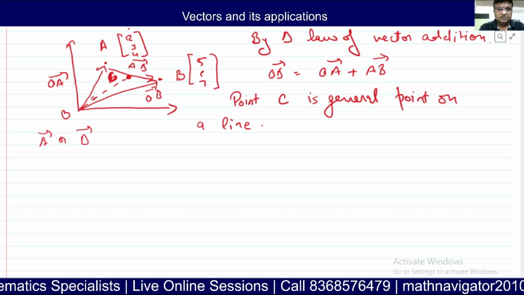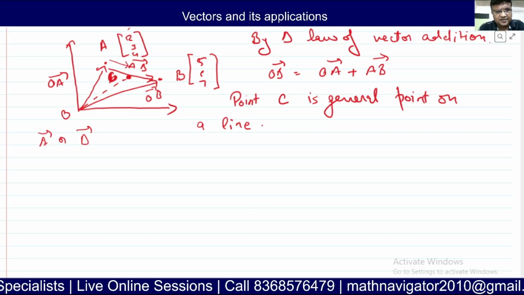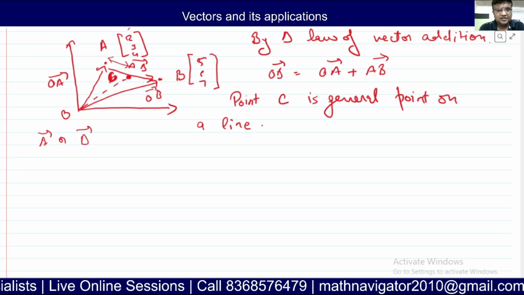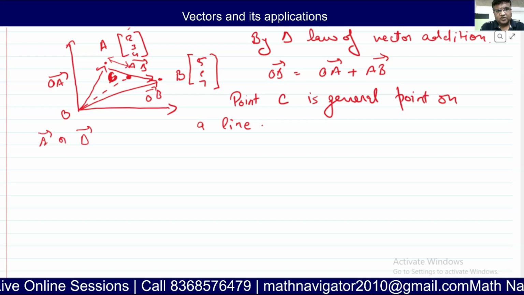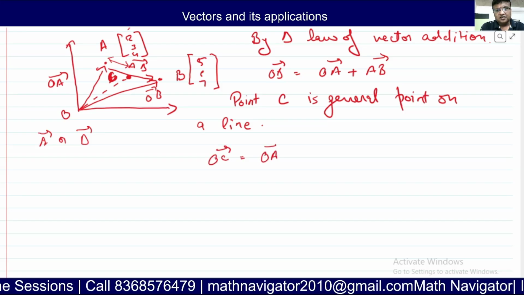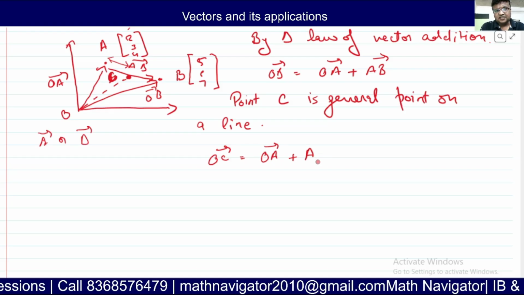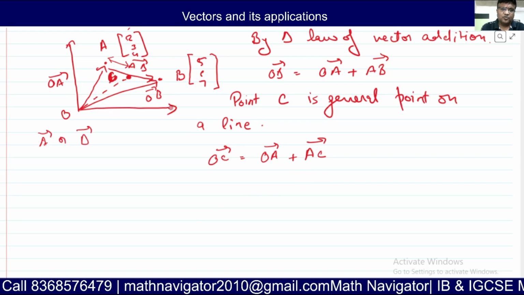Now this is vector AC. I'm talking about this triangle now. So I can say vector OC is equal to vector OA plus vector AC. This C is a general point on the line.